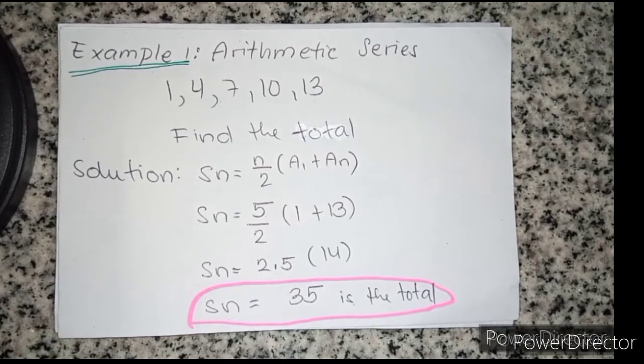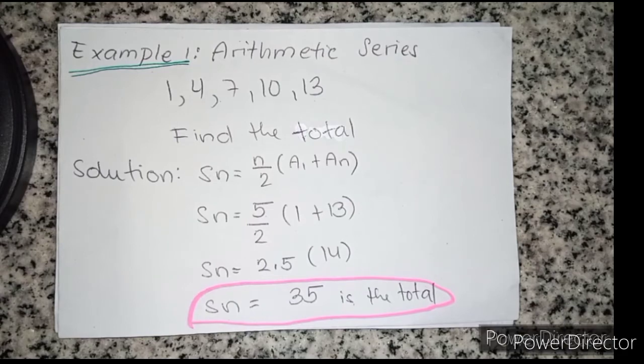So we're going to find the total of this sequence. So using the formula, we have S sub n is equal to n over 2 times a sub 1 plus a sub n. So we substitute the value. For n, the number of terms, let's count. So we have 1, 2, 3. So the number of terms here is 5.